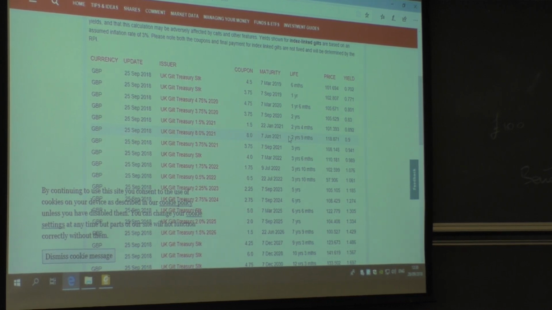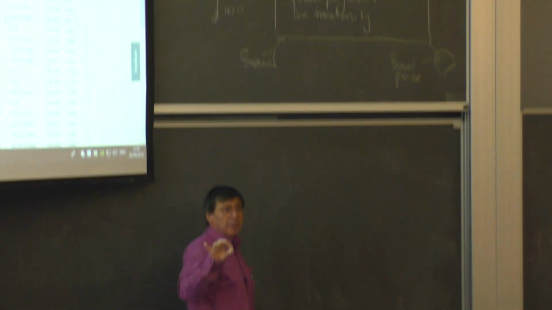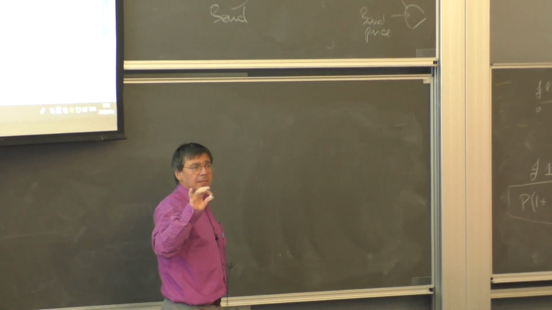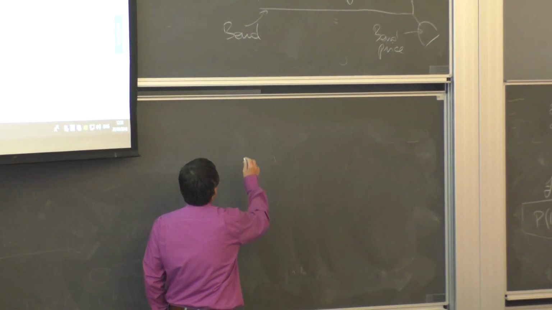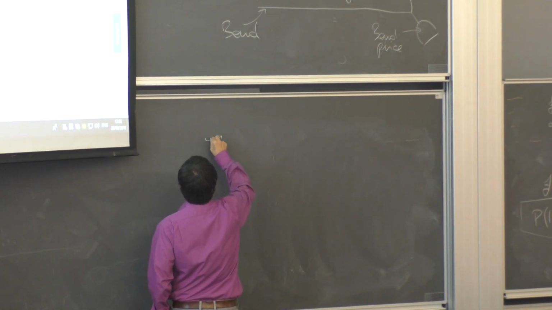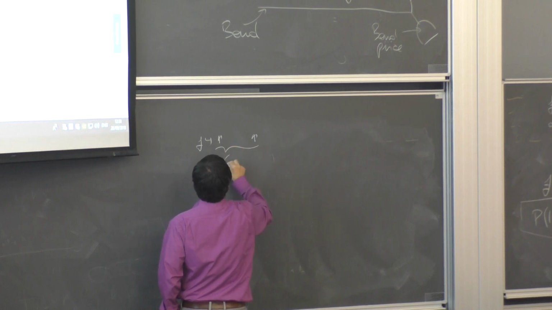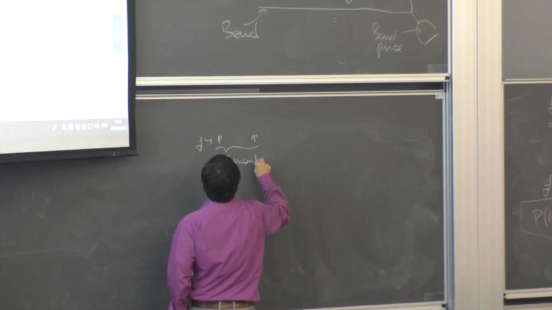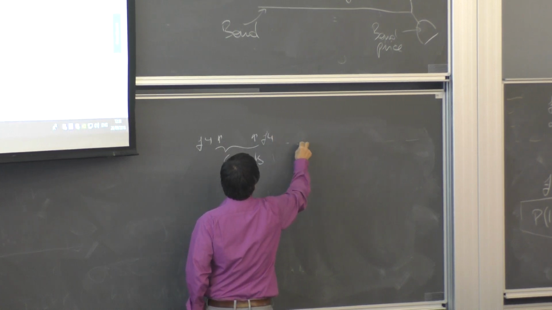So the owner of this bond is going to get 8% of £100, which is £8 every year, paid twice a year. So every 6 months, that person is going to get £4. The first payment is going to be £4. The second payment after 6 months is going to be another £4, and so on.